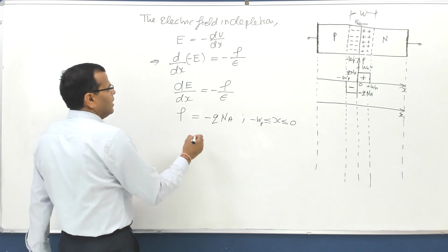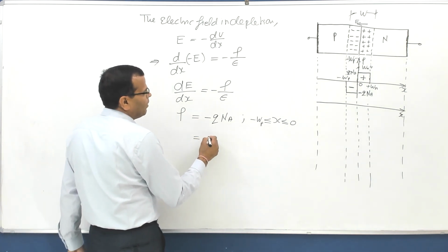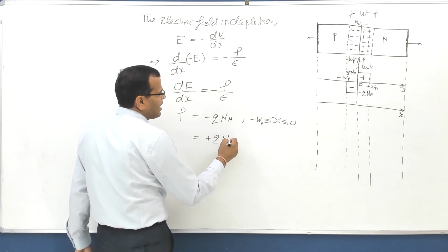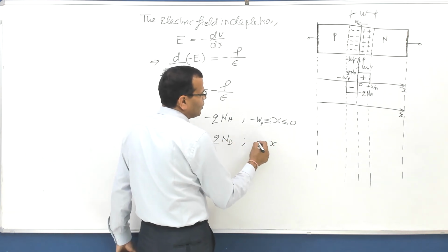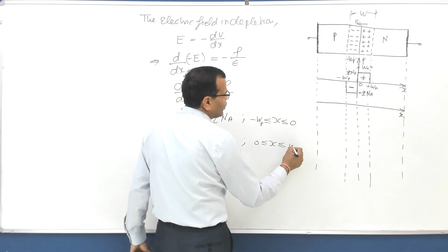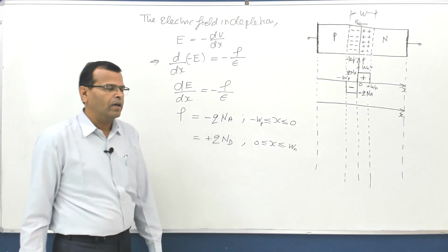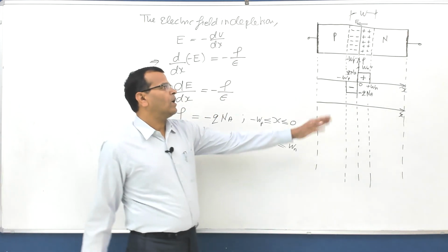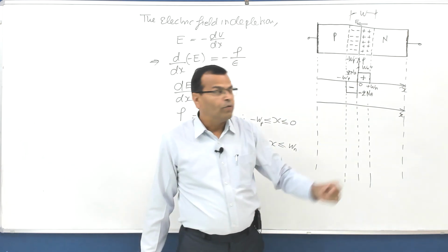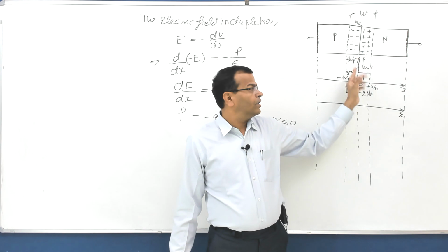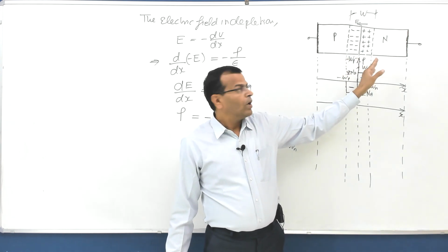And rho is equal to plus Q N D for x greater than or equal to 0 and less than or equal to WN. So this is the charge density across the junction, a question which appeared in the engineering services prelims, the distribution of charge across the junction.